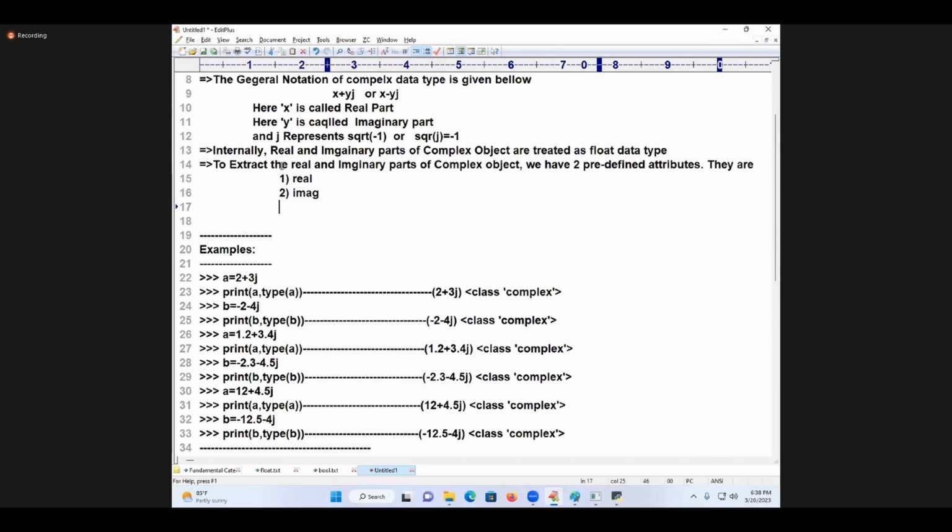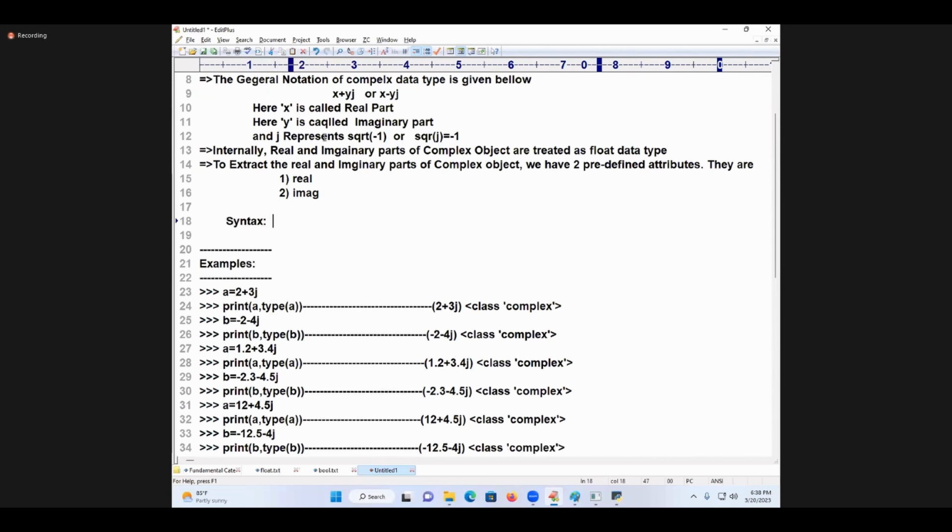How do you apply the syntax now? Carefully follow, guys. What is the syntax? Complex obj dot real. It gives the real part of the complex object.